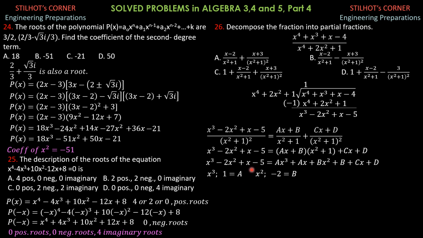Then coefficient of x, 1 equals a plus c. Since a is 1, 1 minus 1 is 0, so c is 0. Then constant, negative 5 equals b plus d. Since b is negative 2, negative 5 plus 2 is negative 3, so d is negative 3.